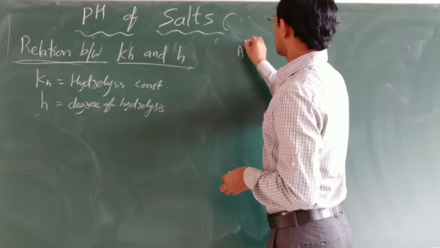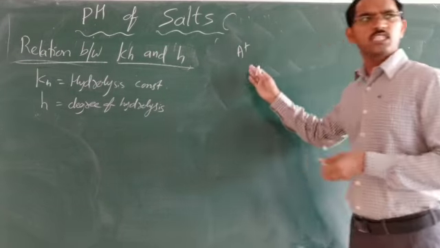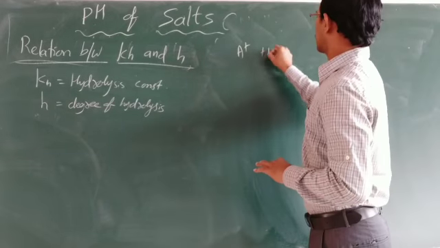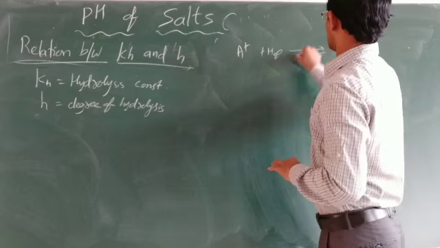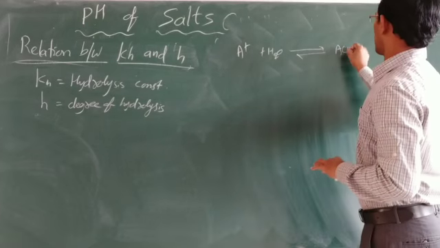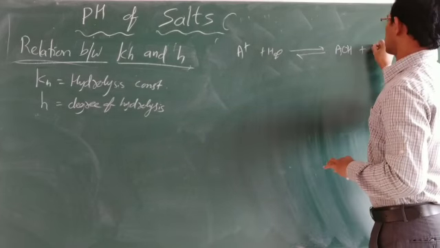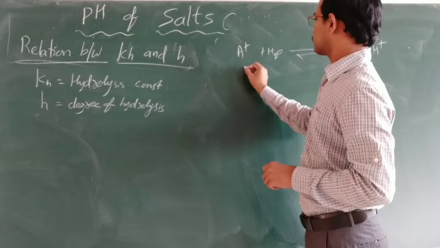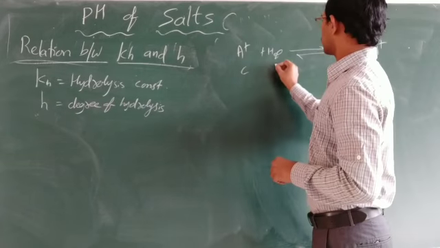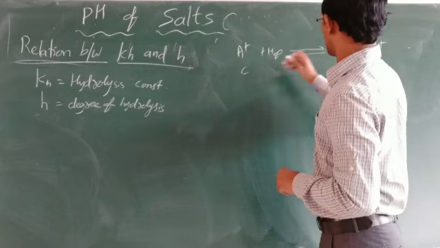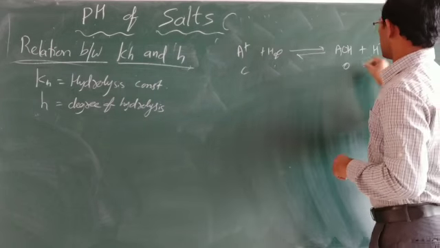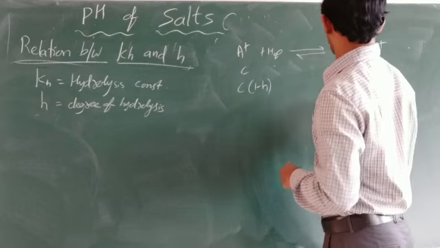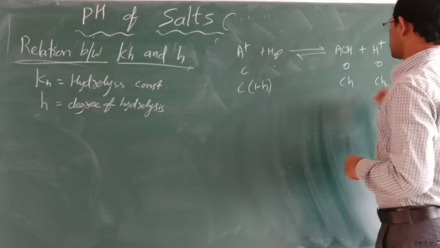Suppose I am taking cationic hydrolysis. NH4 plus जैसा कोई common example I am taking. A plus water gives AOH plus H plus. Initial concentration C, this one also 0 and 0. Here C into 1 minus H. Here this one is CH.